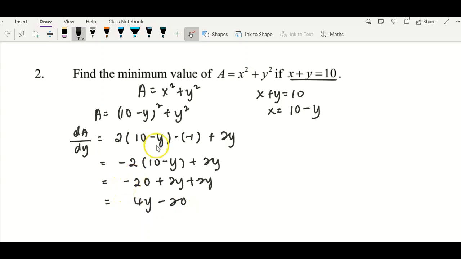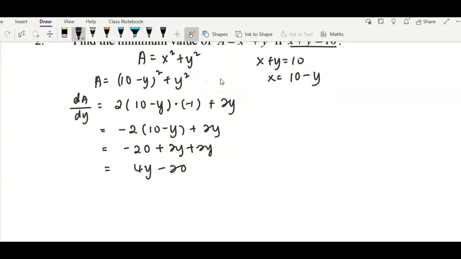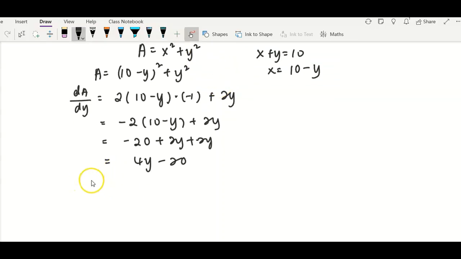In order to find the minimum value of A, I will let dA/dy equal 0, meaning that 4y minus 20 equals 0. From here, we get y equals 5.